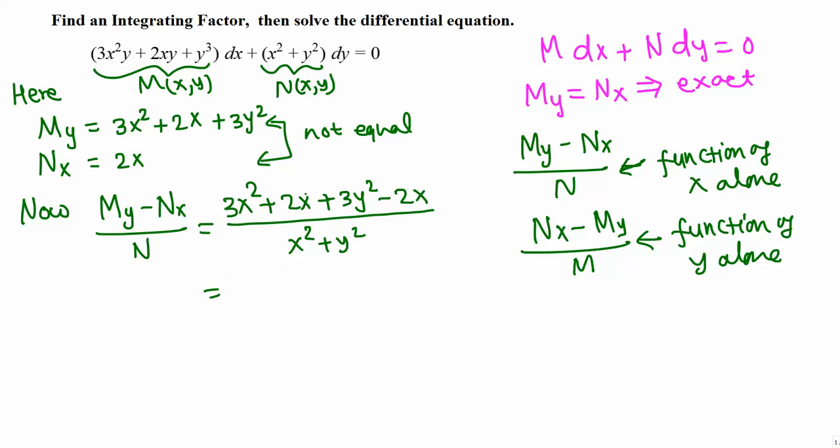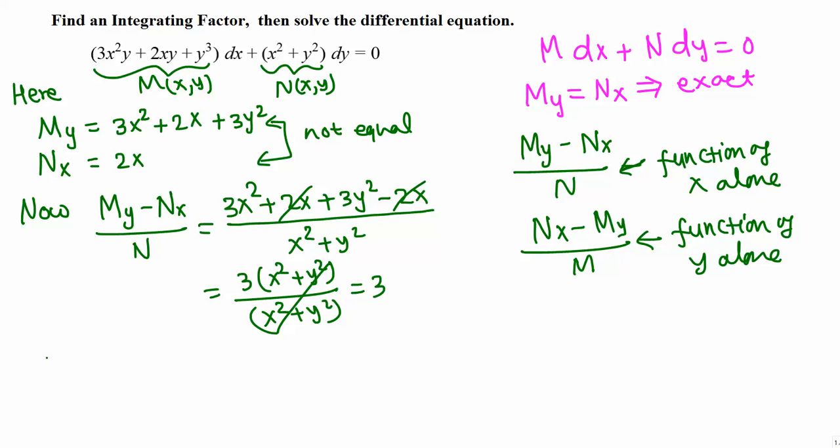On the top the 2x cancel, leaving 3x squared plus 3y squared, and we can factor 3 out, that leaves (x squared plus y squared) over (x squared plus y squared), and we can cancel, this is just 3, which is in fact a function of x alone, or we could say a function of y alone, but that's not the case. So we are doing this (M_y minus N_x) over N, so a function of x alone.